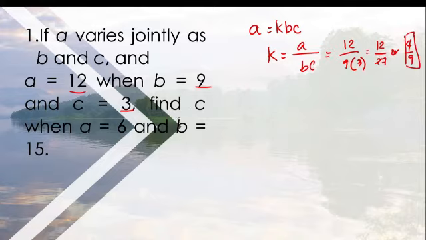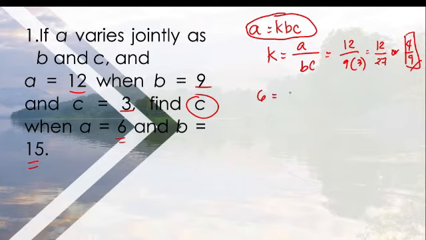Pwede na natin hanapin yung C. So, ang gagawin lang naman natin, substitute natin yung may mga given. So, A tsaka B, dun sa original equation. Tapos yung K na 4 over 9. So, may A tayo, which is 6. K natin is 4 over 9. Tapos yung B natin is 15. Tapos wala tayong C. So, simplify lang natin.